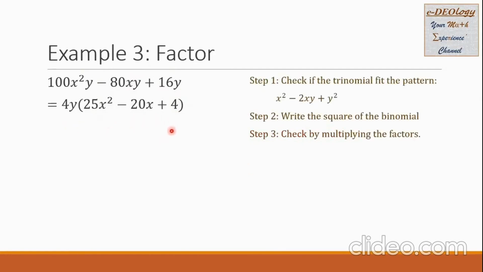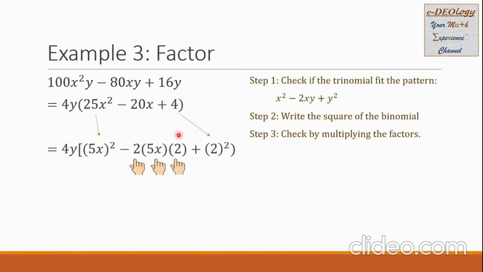Now, I will check if this new trinomial is a perfect square trinomial. I will rewrite 25x squared into the square of 5x and that 4 to be 2 squared. In the middle term, first I will copy the sign, the negative.